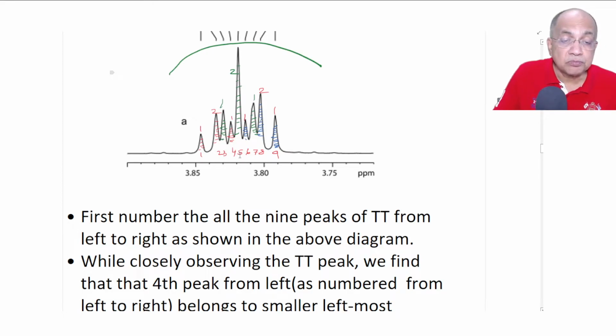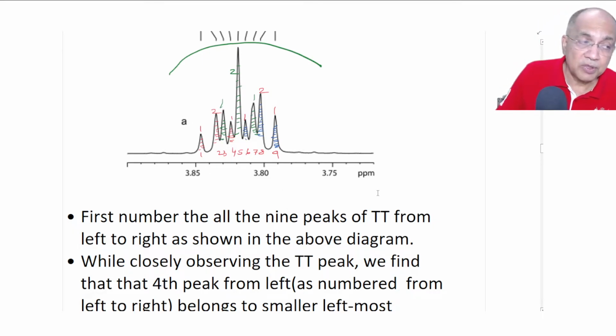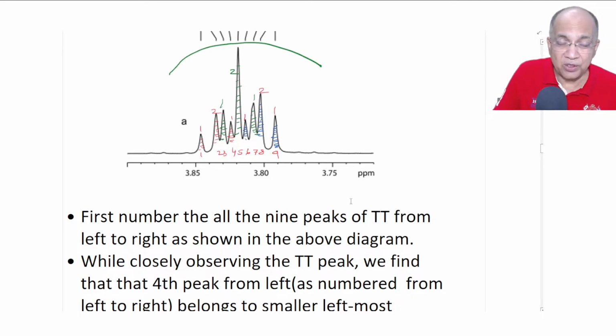Then you have 5 to 7. You have 6 to 8. So you can have 5, 6 values for getting the J small.